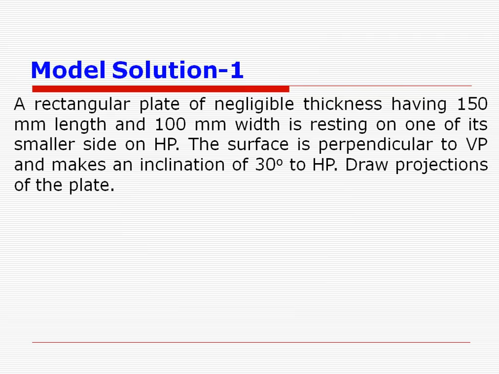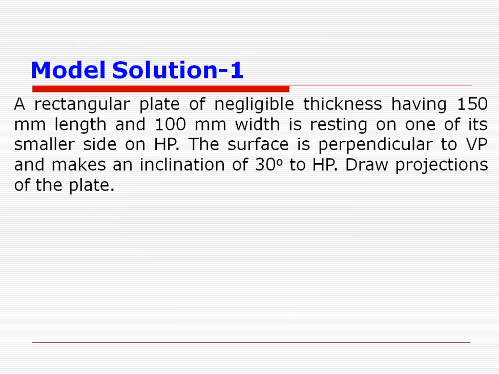The inclination is with HP, so the first stage the plane should be taken as parallel to HP. And also note that the smaller side has to reside in HP. So in the initial condition, one more point you take care that the whole plate is lying on HP.